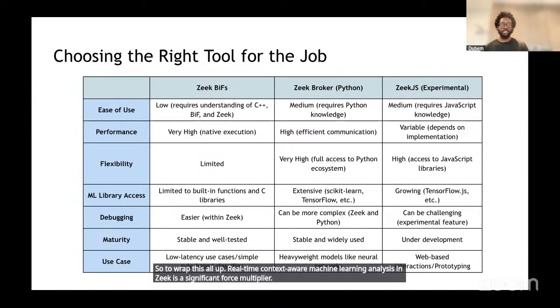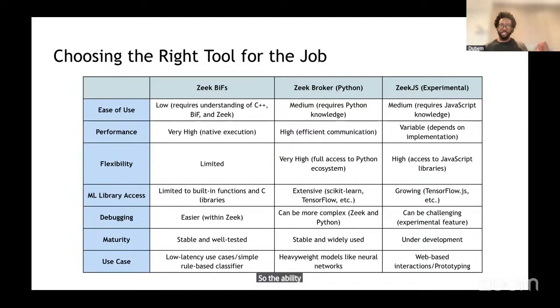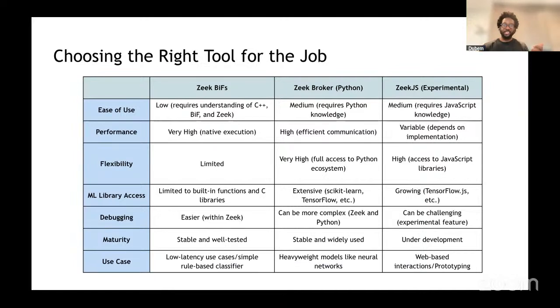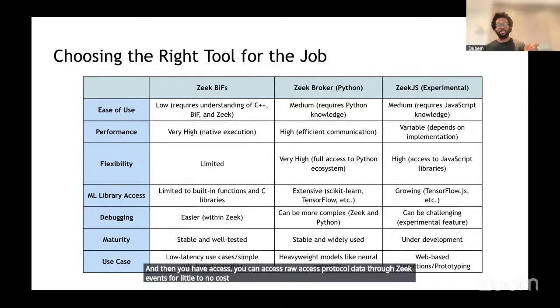The ability to exercise granular control over your machine learning analysis is powerful. And you can access raw protocol data through Zeek events for little to no cost, feed that data to an inference function, all the while maintaining connection context.